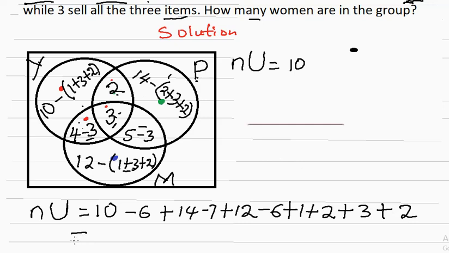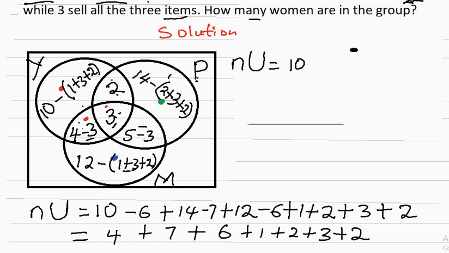So this is going to be 4, this is going to be 7, this is going to be 6. So plus 1, plus 2, plus 3, then plus 2.